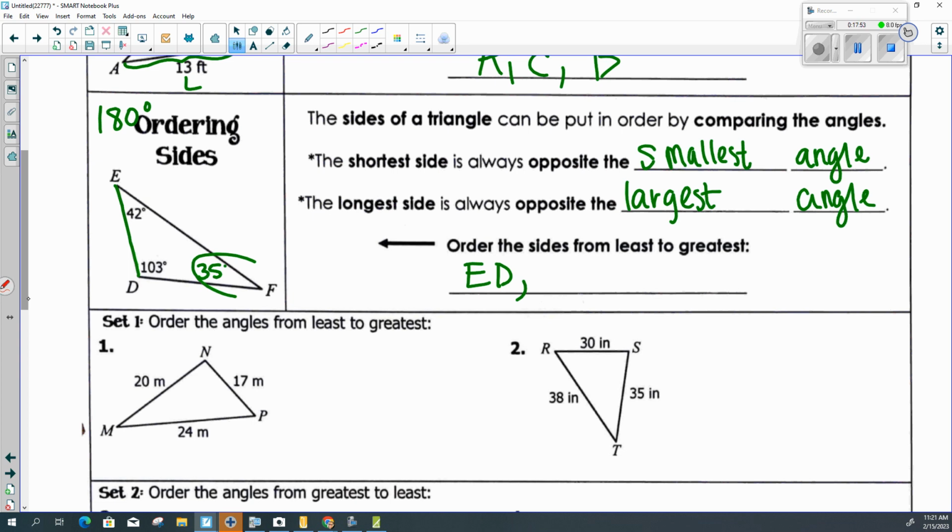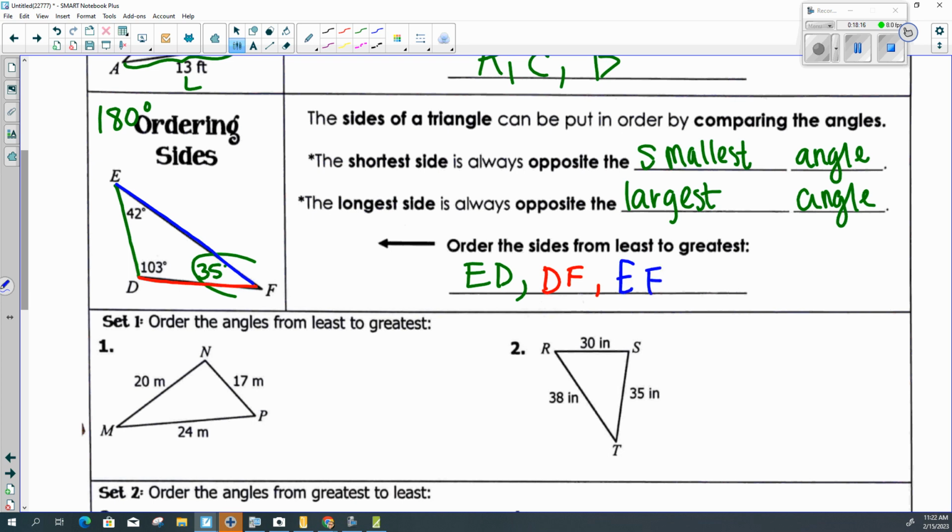So I go across from that, and DF would be the middle length side. It's pretty obvious that the 103 is the biggest angle, so I go across from that, and EF is the longest side.